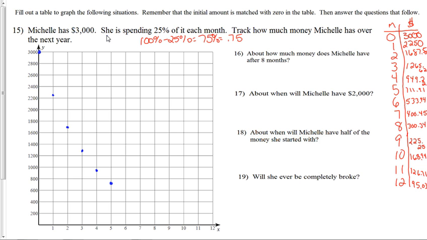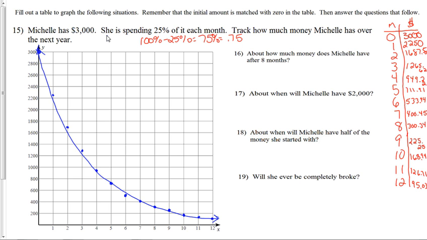You can already see that it's definitely not going to be a linear function. 533. 400. 300. 225. 168. 126. And last one is $95. Okay, we'll draw a smooth curve through there. And there you have it.